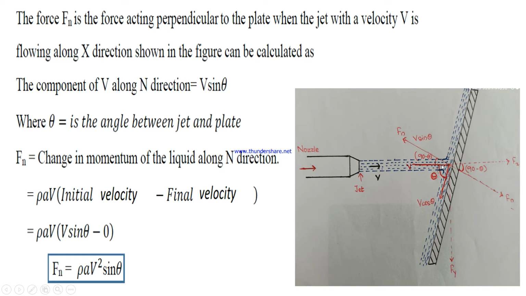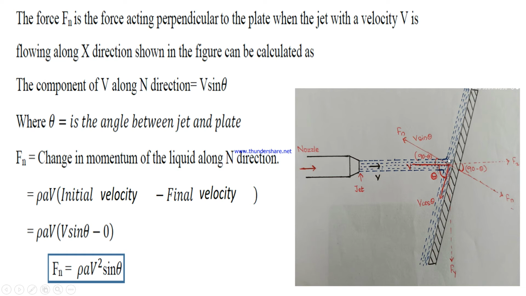Now, when the jet of water strikes the plate, it will flow along the direction of the plate, because we have assumed there is no friction loss and the velocity is uniform throughout the plate.